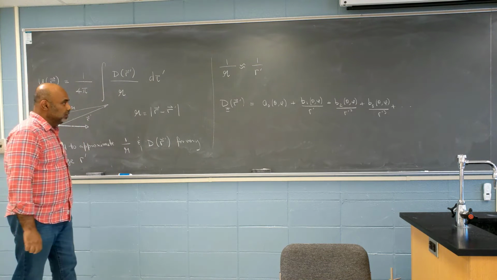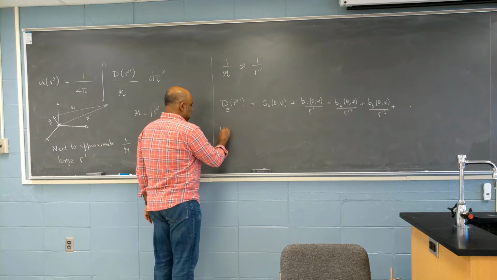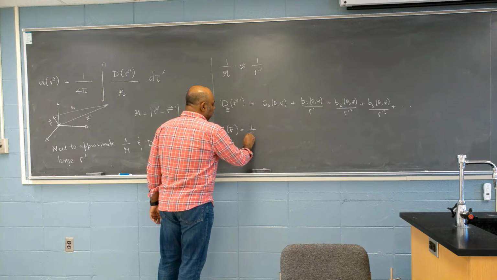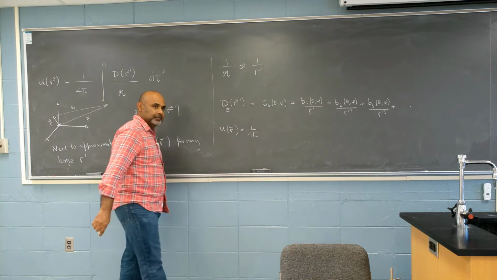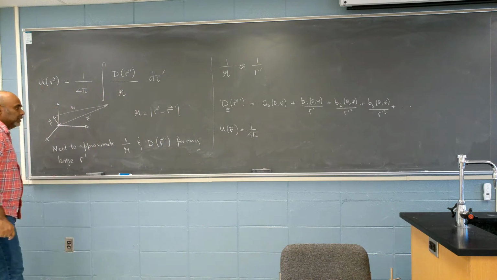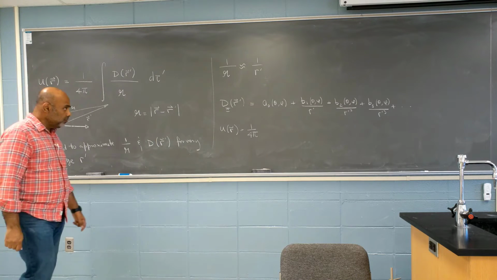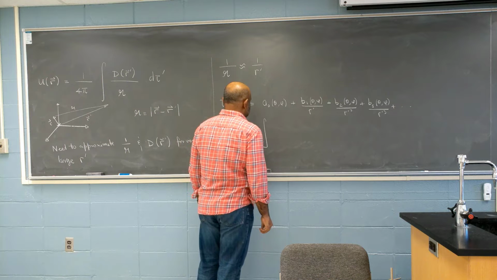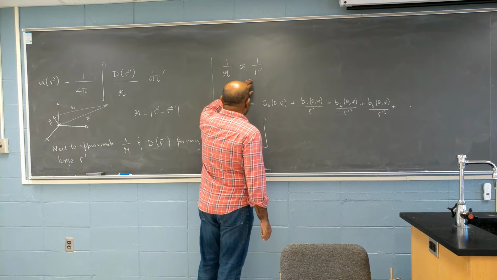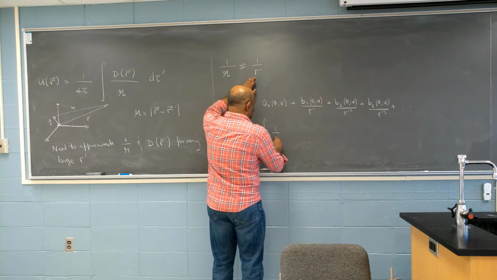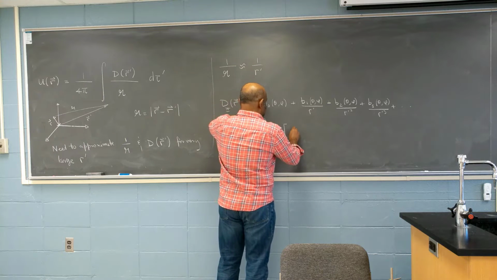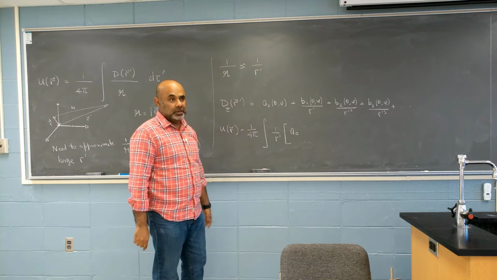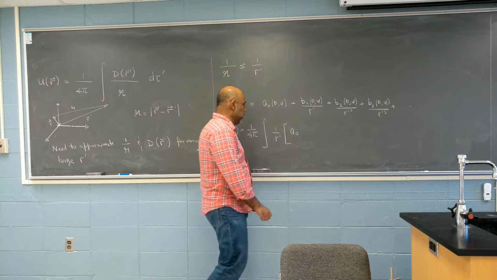Well, let's put this in. I have u of r, 1 over 4 pi. I didn't have to put that in, but that is for the Helmholtz theorem. And I have 1 over r prime and this guy. I'm going to hide the fact that all these constants depend on theta and phi. We just know it.